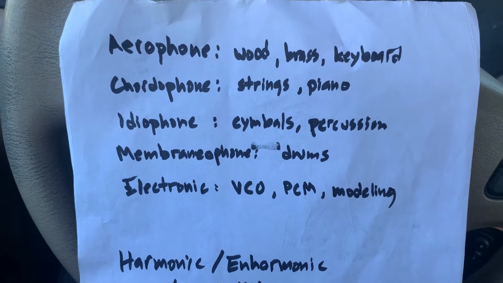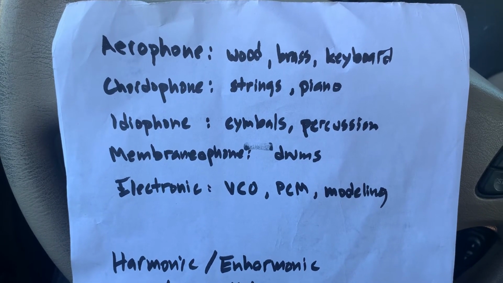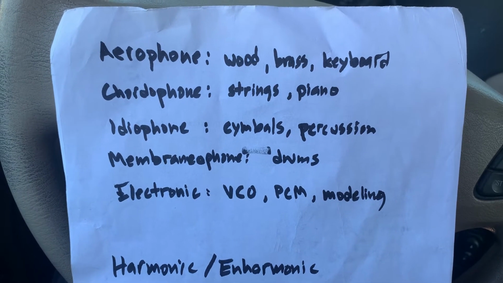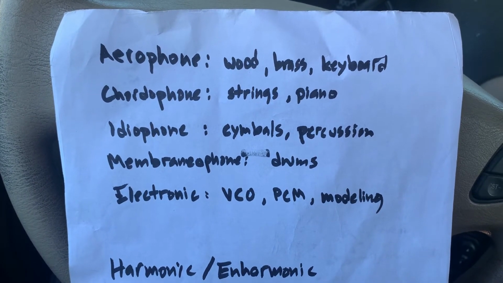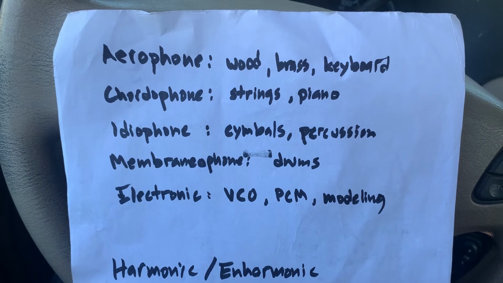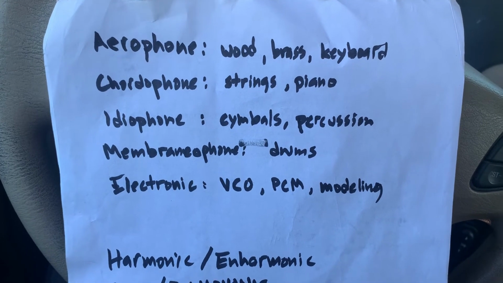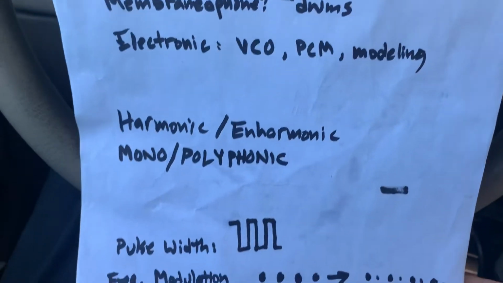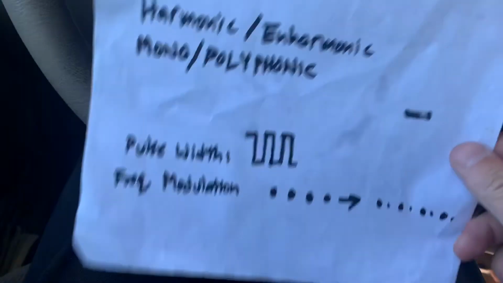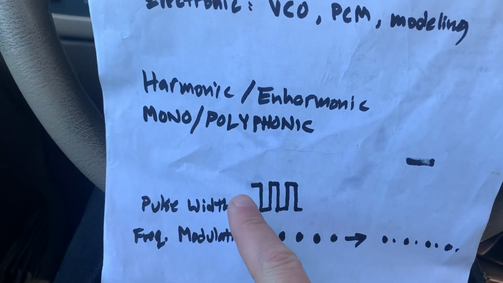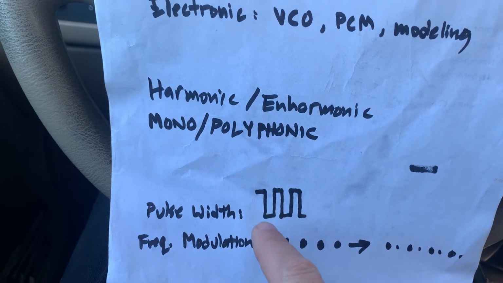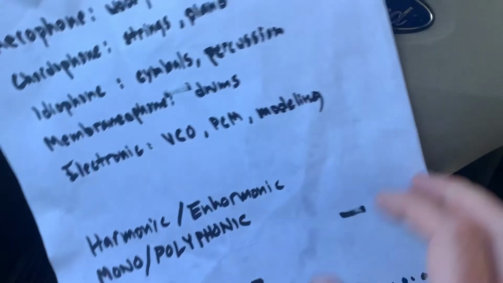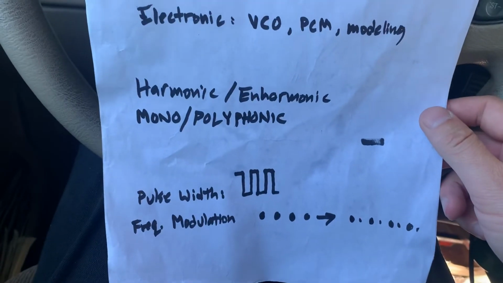Pulse code modulation is the second type of electronic instrument. That was the digital synthesizer in the 80s and 90s. Digital technology was kind of low bit rate, low resolution, low density, low computing power. So PCM, let's just say this is your pulse. Like a square wave, you have beep and boop, and they go beep beep beep boop boop boop, and that together makes your tone like a buzz, a buzzy sound.